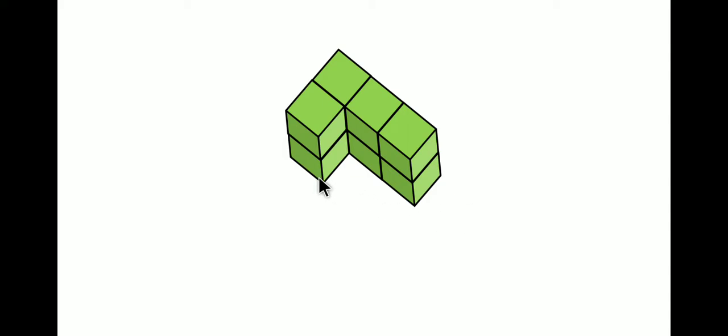So let's see how many cubes there are. We can see that there is one cube over here, another one on top of this one, 2. Third one over here, 3, 4, 5, 6, 7. There are 7 cubes that we can see. Just like the previous one, there is one cube which is hidden here, the cube beneath this one, at this level.